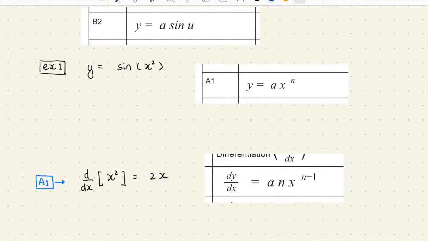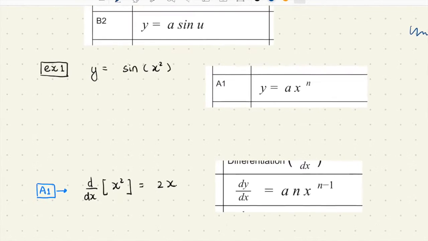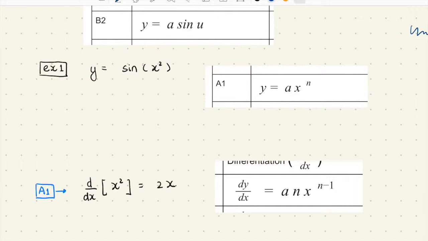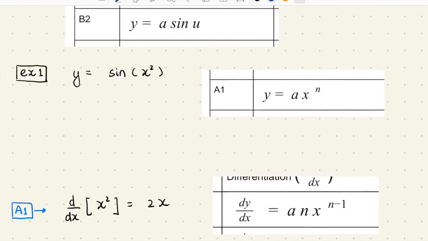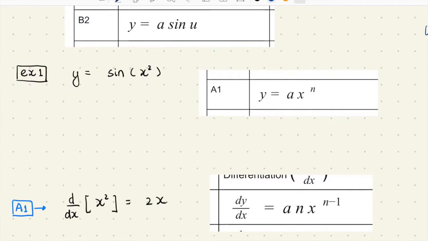Now we try a very simple example. We call this example 1 of the application of formula group B for differentiation. Okay, I read the example here. y equals sine x squared. This question can be differentiated using two formulas, B2.